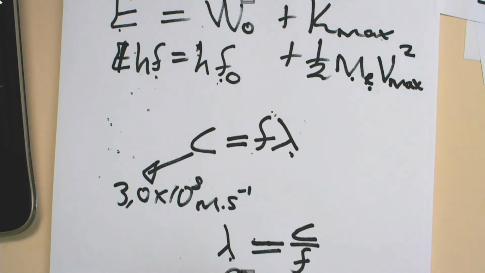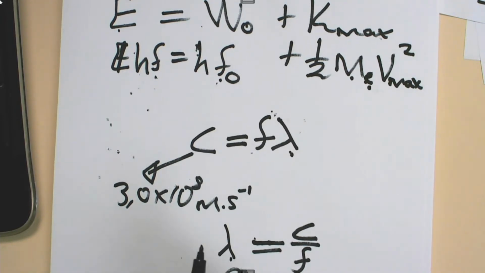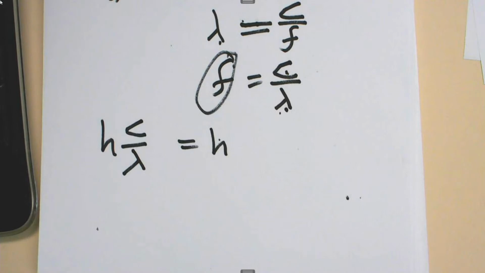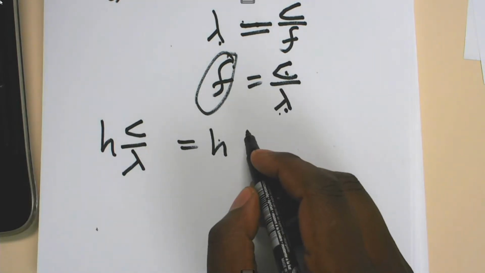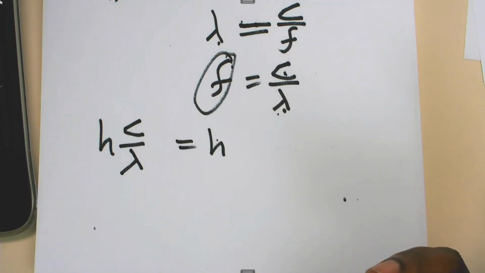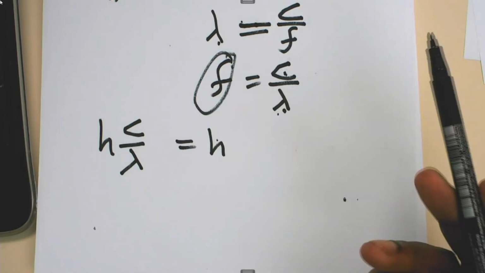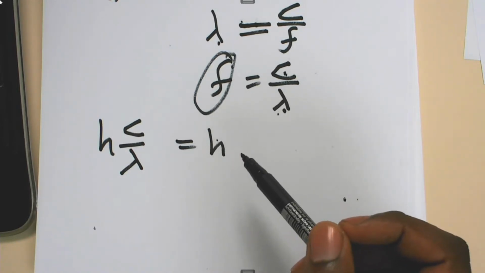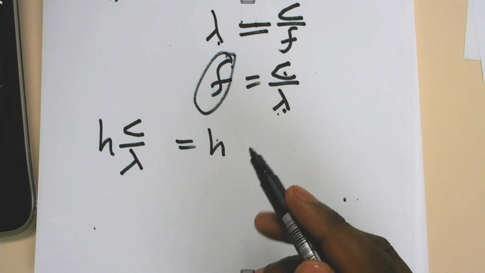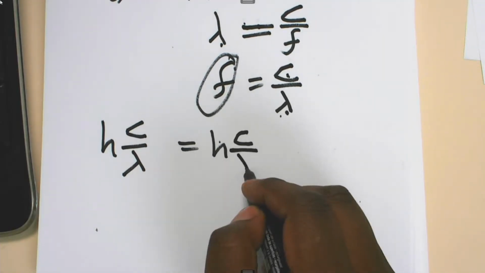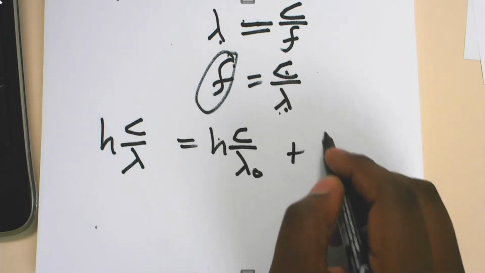And then moving forward on this side, the threshold frequency also goes with the threshold wavelength. Like we have been doing with the threshold frequency and the work function, the threshold wavelength is the minimum wavelength that is needed for an electron to be ejected from the surface of the metal. So this one will then be c over lambda naught.